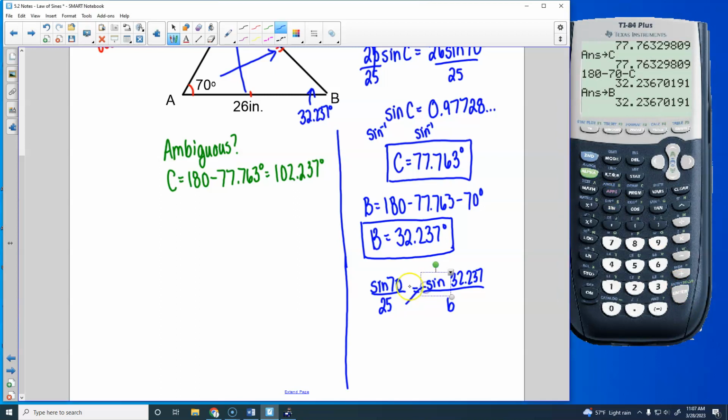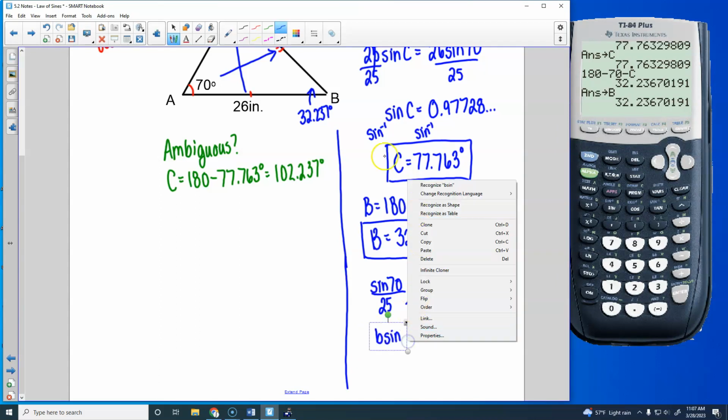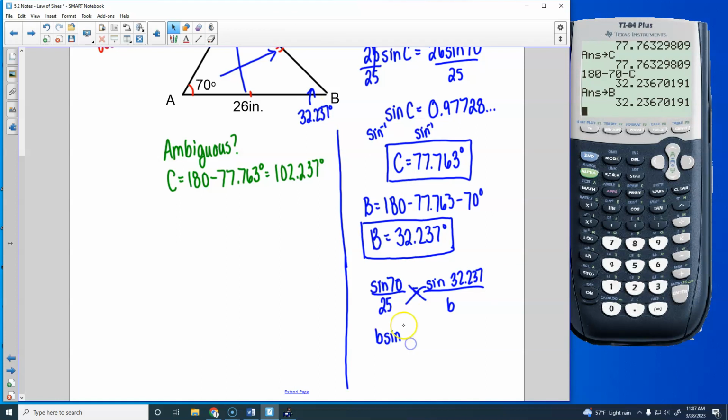So if I cross multiply, I will get B sine 70 equals 25 sine of 32.237. And I will need to divide both sides by sine 70.